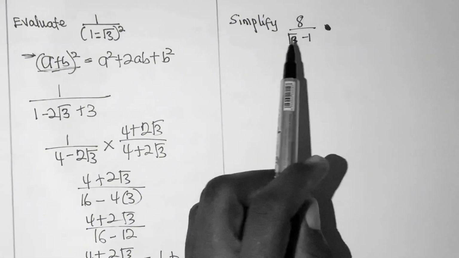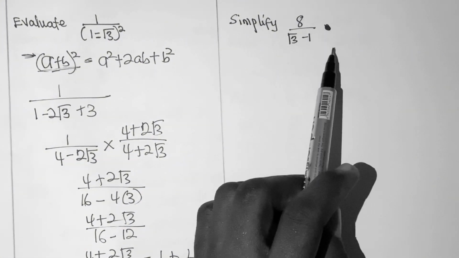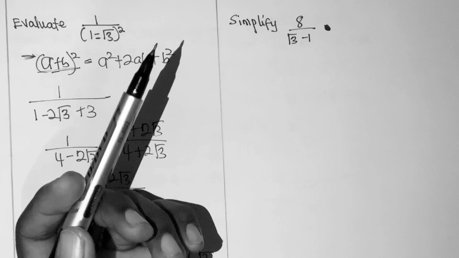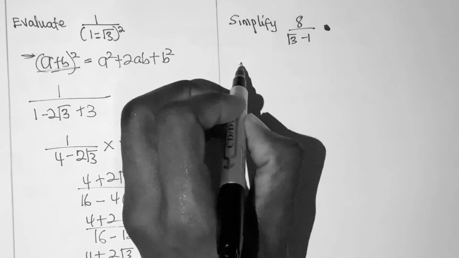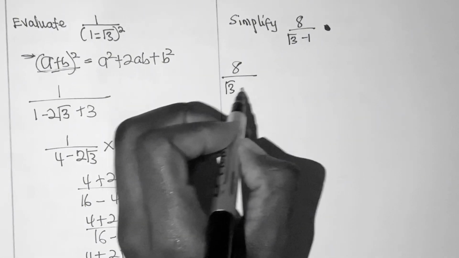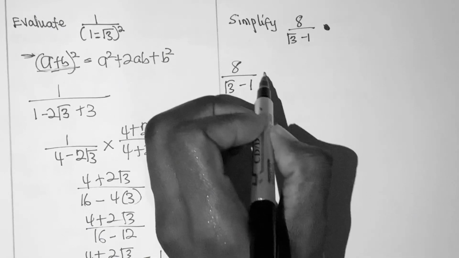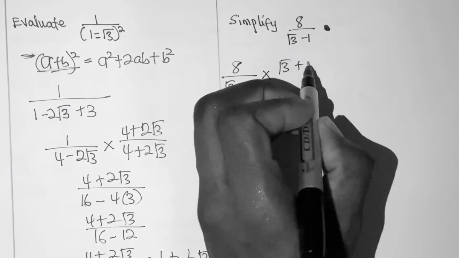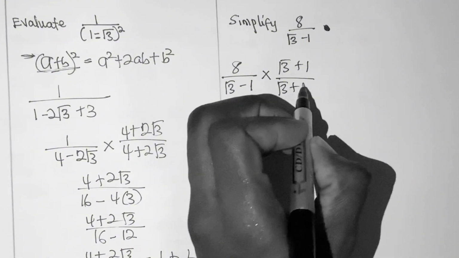To simplify 8 divided by root 3 minus 1, you need to rationalize. So this becomes 8 divided by root 3 minus 1, then rationalization: times root 3 plus 1 divided by root 3 plus 1.